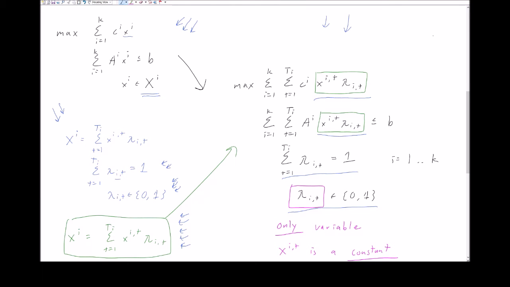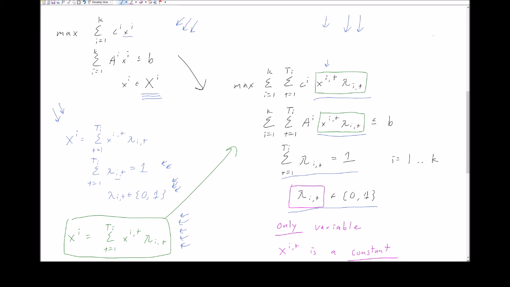Now when we look at this new program, we should note something. Although we see these potential variables xit, xit actually is no longer a variable. Xit has been an enumeration of all the feasible points in capital Xi. Each one of these xit's we know explicitly, and so it's a constant. The only variable in this new program is the lambda.